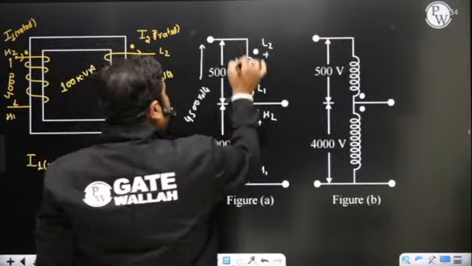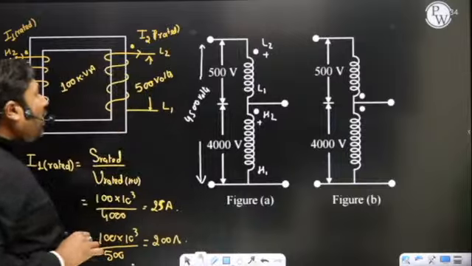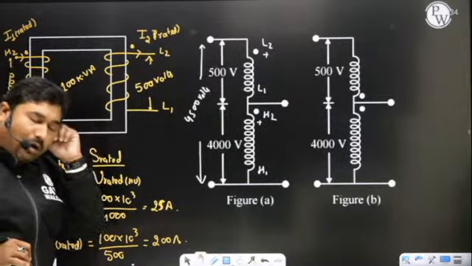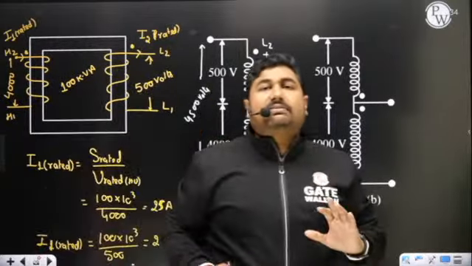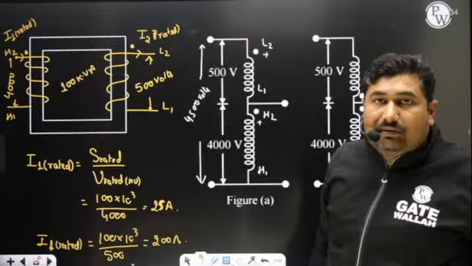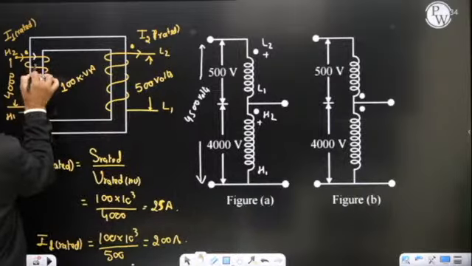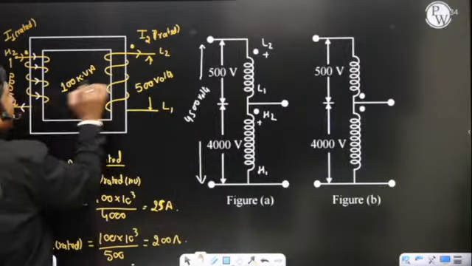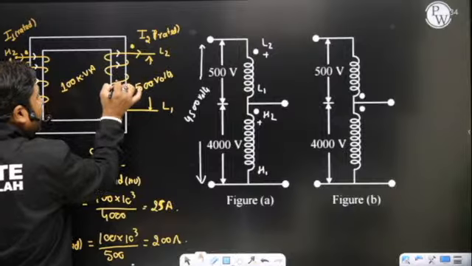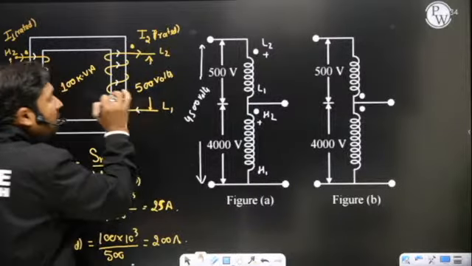And if we talk about current, so what is the current? We all know that a transformer always operates on magnetic subtractive polarity only. What is magnetic subtractive polarity? If the current enters through one dot, then the current must leave the other winding, which is mutually coupled, through the dot only.